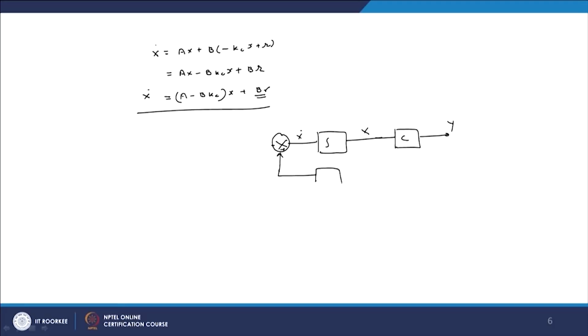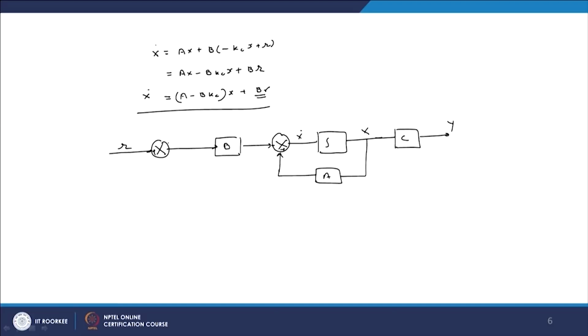Here this is A, this is B, and this is r, with a positive sign.